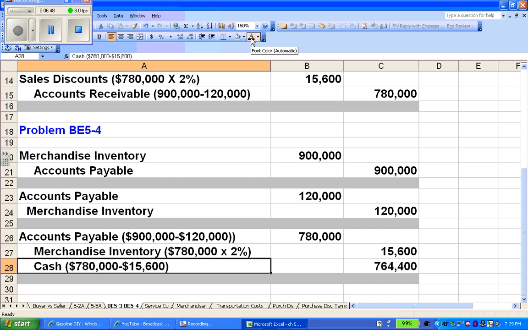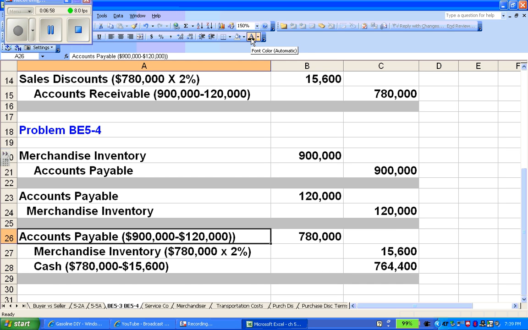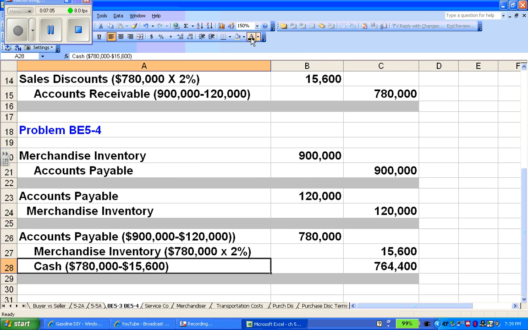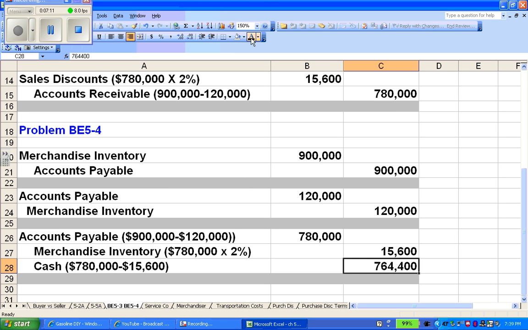You figure that amount by just taking your accounts payable less the discount that you're taking. So remember that. You can easily record the accounts payable that you're removing from your books, and then record the cash that you're going to pay out, which will be the accounts payable less that discount. And then the difference will be the discount, and that's what you want to reduce your inventory by.